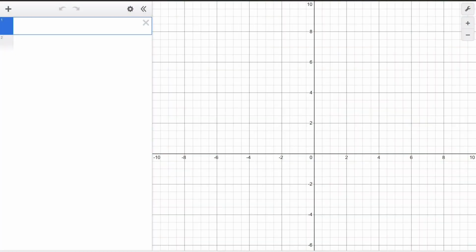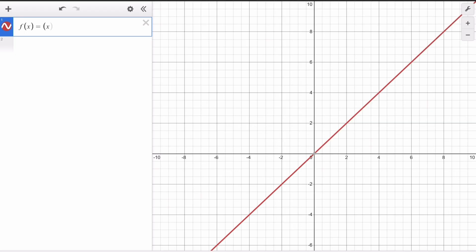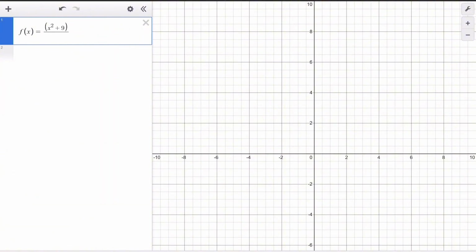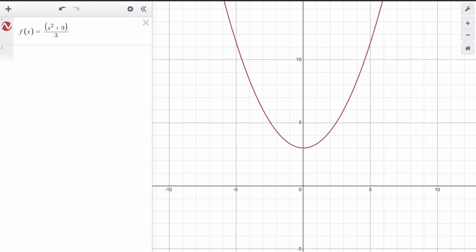So if I graph f of x equals, in parentheses, x squared plus 9, and then you divide that by 3, this is what it looks like.